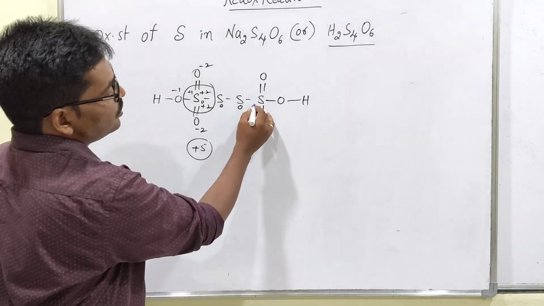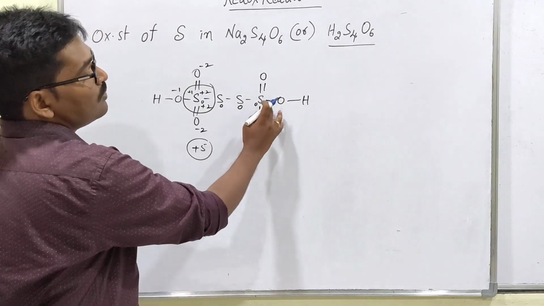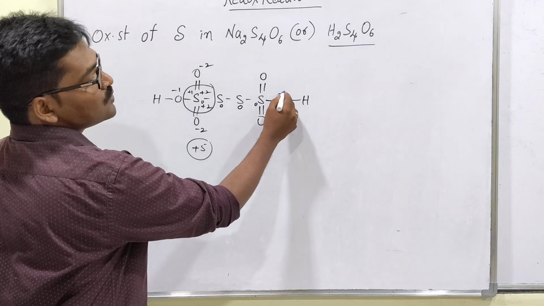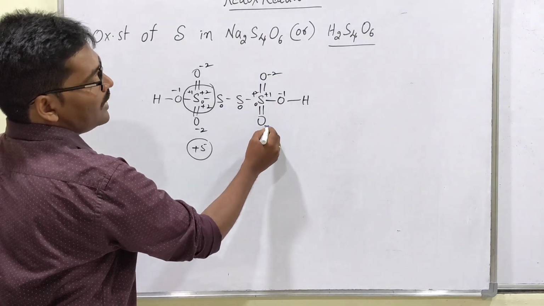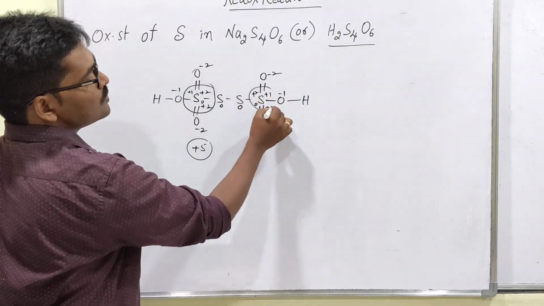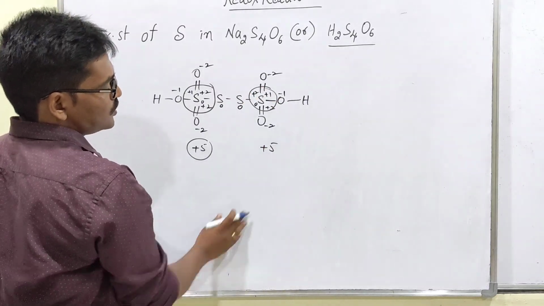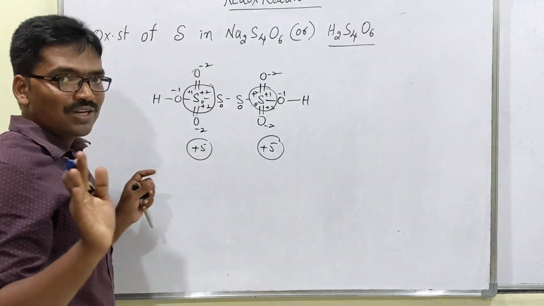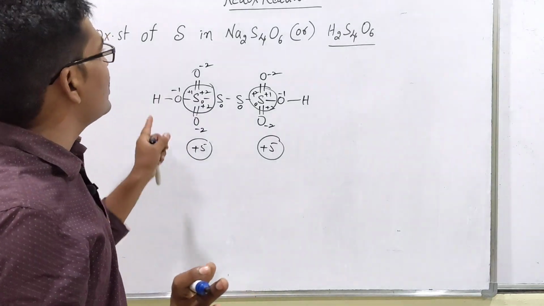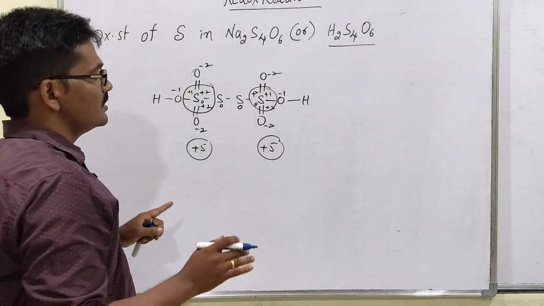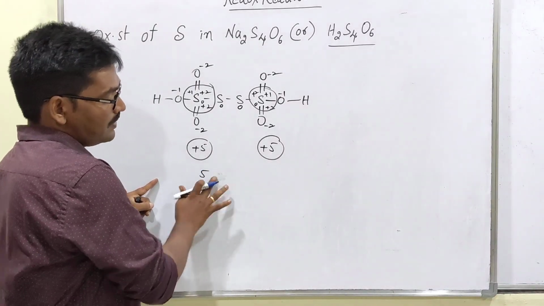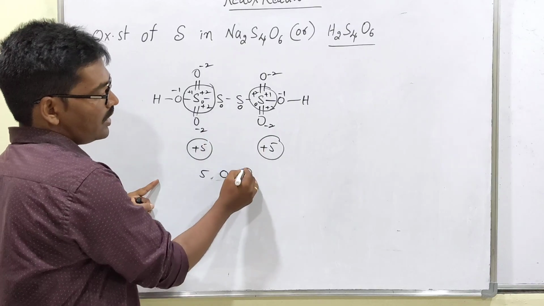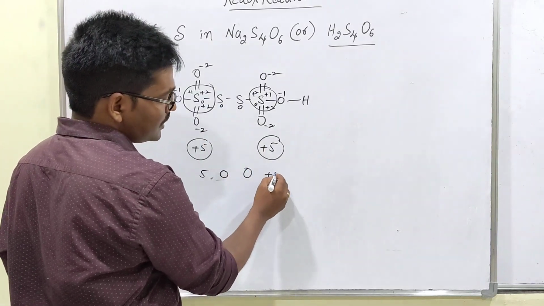Then for sulfur and oxygen, -1 +1, -2 +2, -2 +2. Total positive charge is +5. So the original correct answer for the oxidation state of sulfur: first atom +5, then 0 for the second atom, third atom 0, then fourth atom again +5.